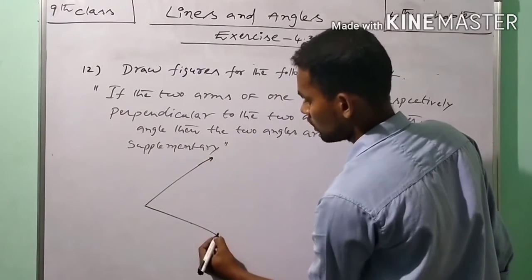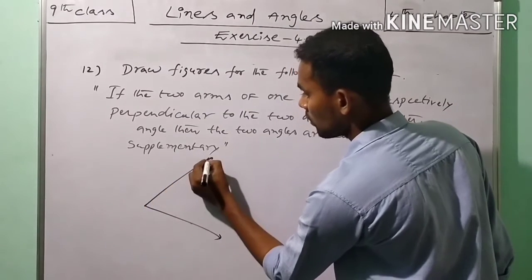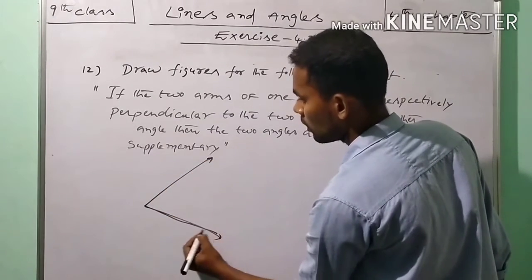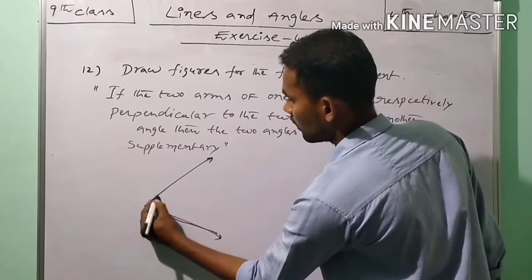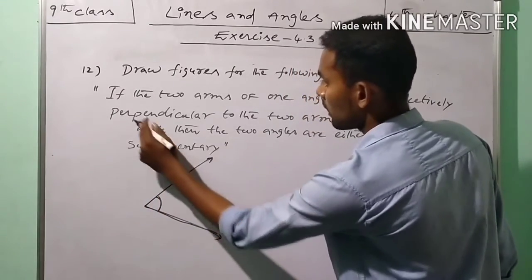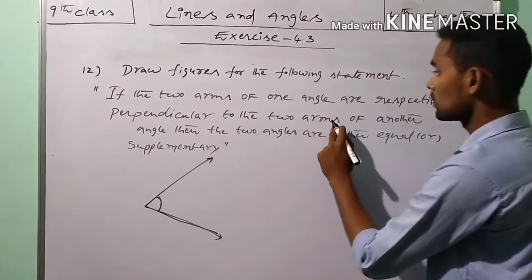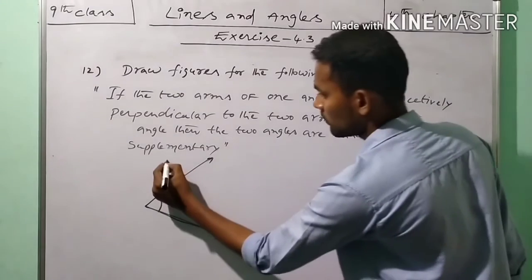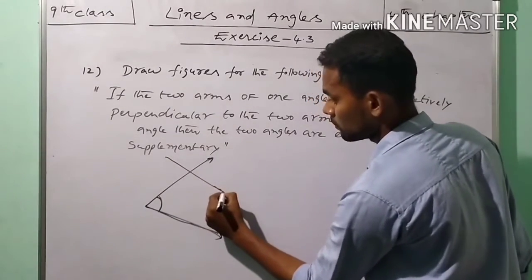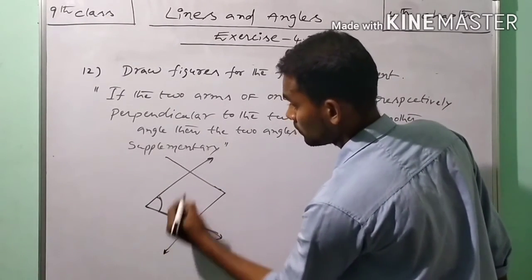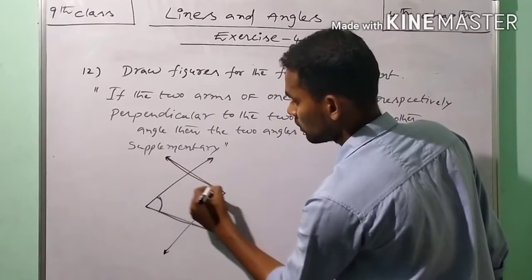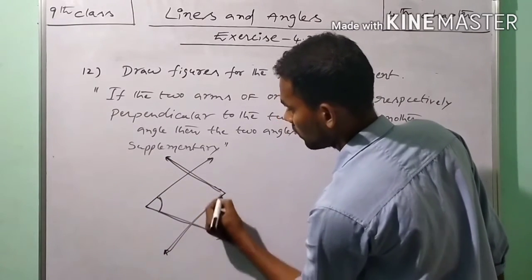Two arms of one angle are perpendicular to the two arms of another angle.